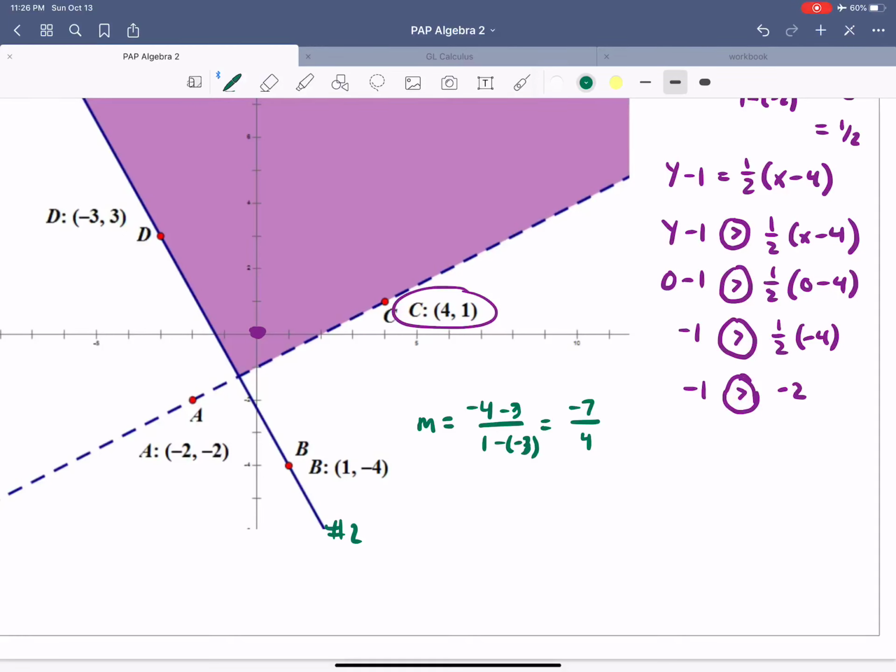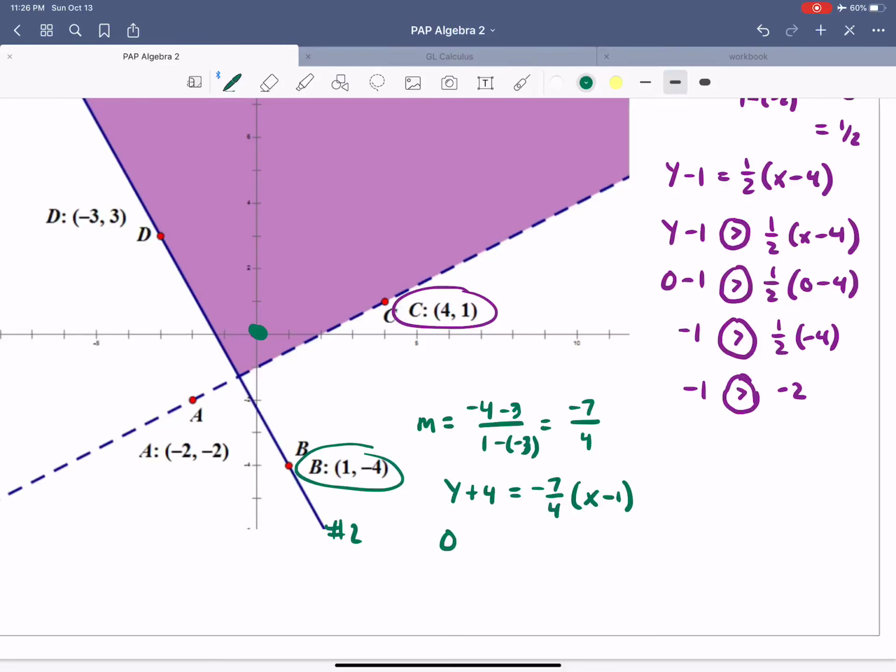Again, now I'm going to write it in point slope form, and I'll just use this point. That'd be y plus 4 equals negative 7/4 times x minus 1. Now the last thing I need to do is figure out which symbol I'm going to use. Again, 0, 0 is still a solution to this inequality as well.